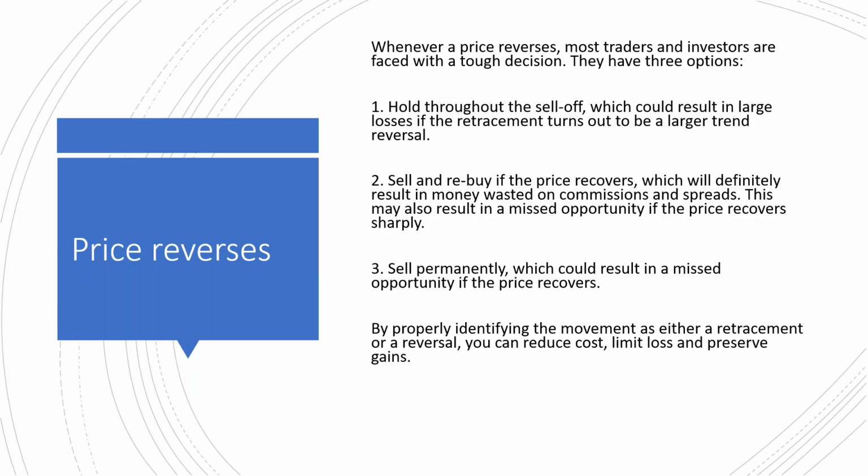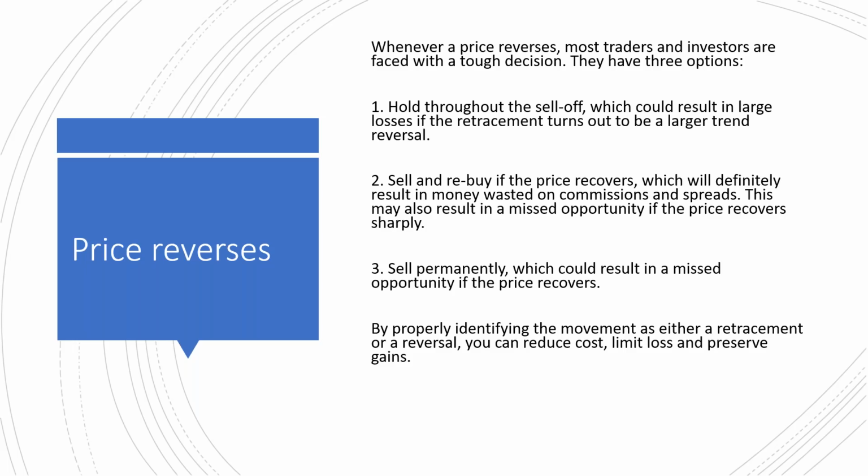But when you're faced with these situations, you only really have three options. There aren't many choices in the matter, and that's the important thing. Because since there isn't a rock bottom price, there is nothing to tell you it's a retracement or a reversal.